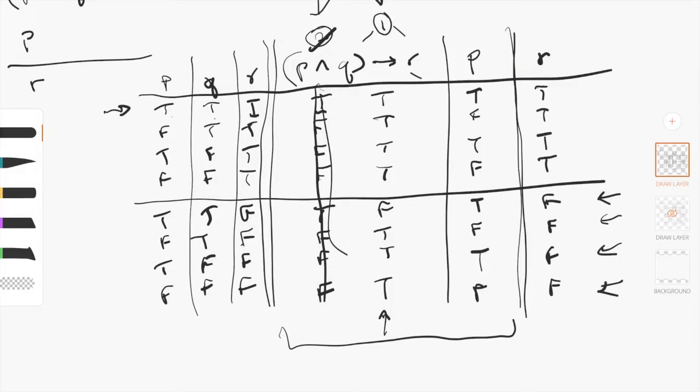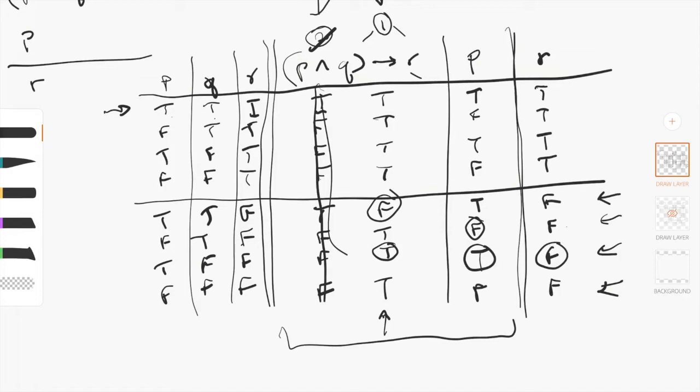So now when we look at these rows, we discover, see, in the 5th row, one of the premises is false, so that's not a problem. In the sixth row, one of the premises is false. But now look at the seventh row. In the seventh row, we have both premises true, and the conclusion is false. That directly violates the definition of validity.